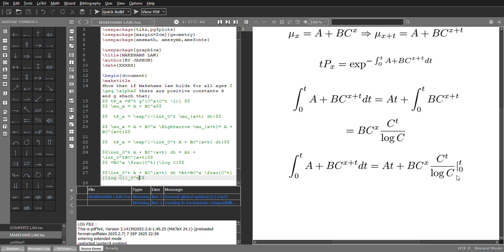So substituting our limits, we have t. Because we were integrating with respect to t, where we have t here, we substitute this t.